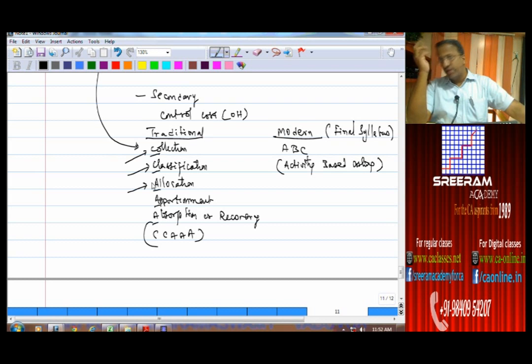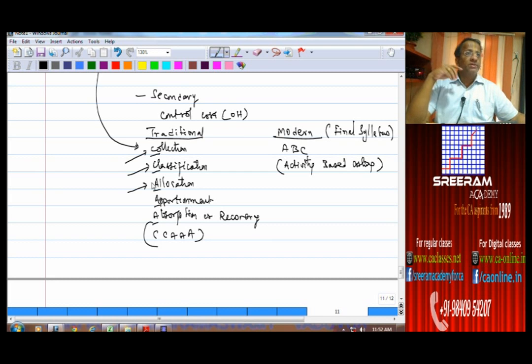I will give you another item. Power and light. Power and light is a common expenditure they would have incurred. On what basis will power and light get distributed to individual departments? Power and light is where they pay the electricity department for the consumption of power. Power is a very important input for them to run the machines.